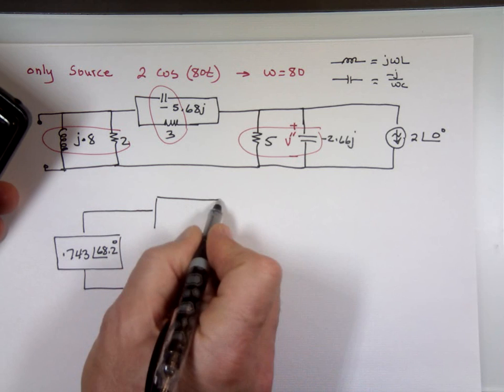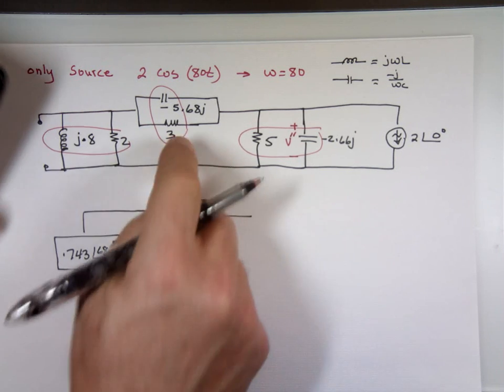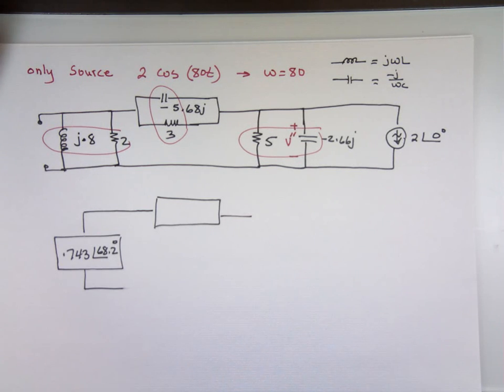Product over the sum, 3 times 0 comma negative 5.68, divided by the sum of them, 3 comma negative 5.68.